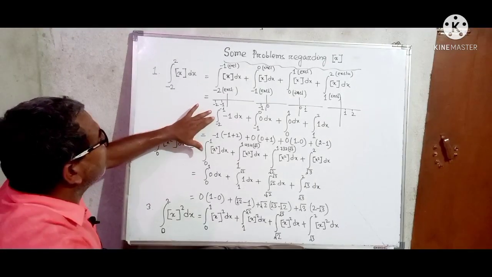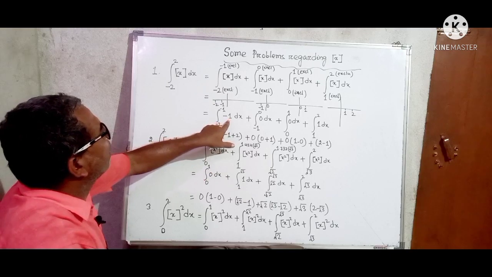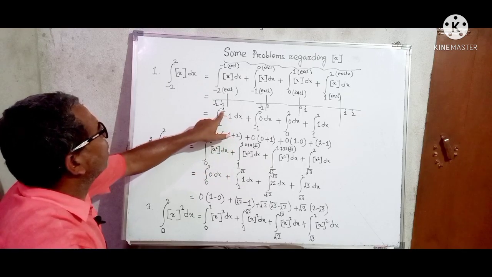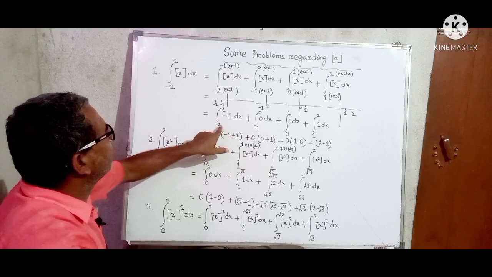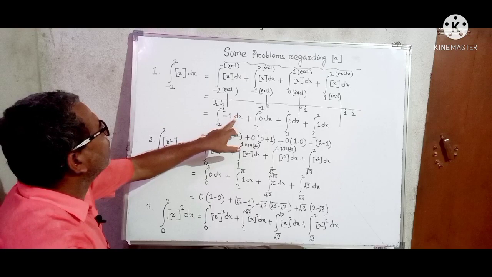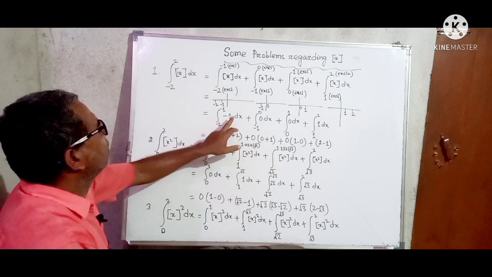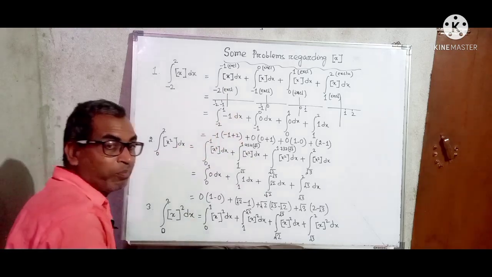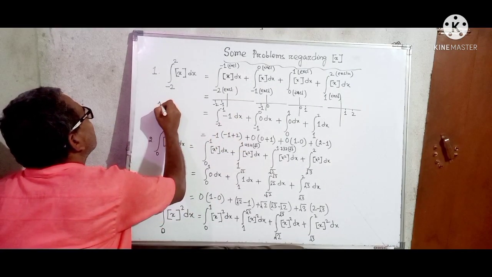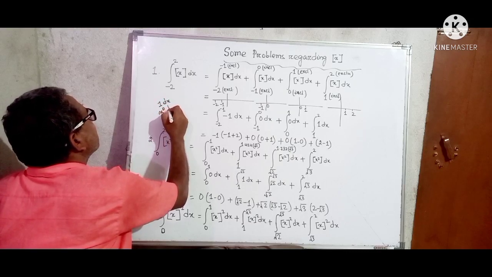Then here the result will be minus 1 into the integral, that is minus 1 times minus 1 minus minus 2, that is minus 1 plus 2. Taking minus 1 outside, the integral of 1 dx, that means x to the power 0 dx.